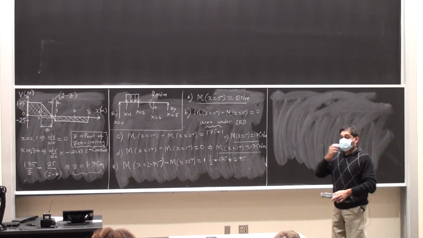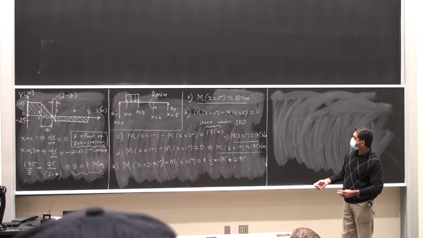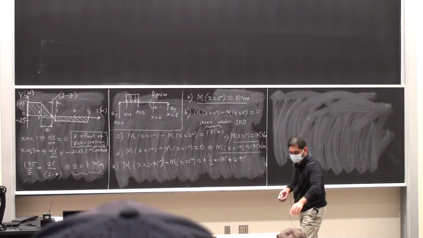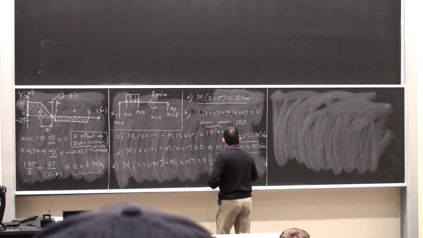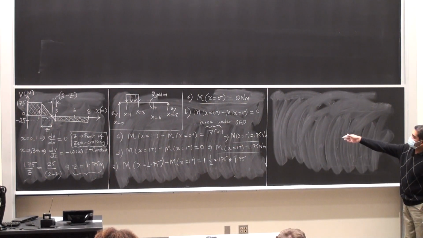If you do the computation, yes, question. Would that be 175 times 1.75? Oh, yes. Thank you. Yeah, absolutely. Right. So M at x is equal to 1 plus is 175.